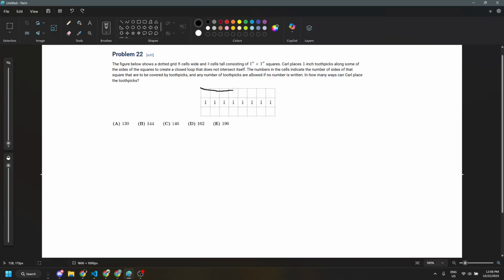Can I have one that's like, no, because you can't have it like this. Because if you were to have it like this, you'd have to have it like this, and that kind of touches too many. So, okay. Let's count the number that can be just on the top. Then we can multiply that by 2.